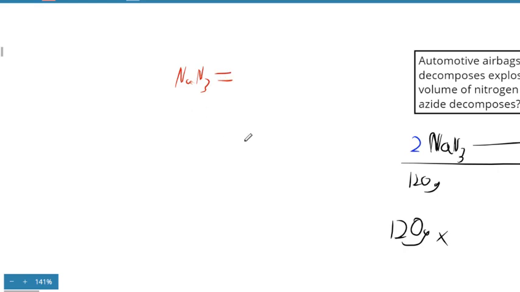So Na is 23.0, plus N3, which is 3 times, N is 14.0. So if you put that into your calculator, 23 plus 3 times 14, that's 65.0, and it's grams per mole.